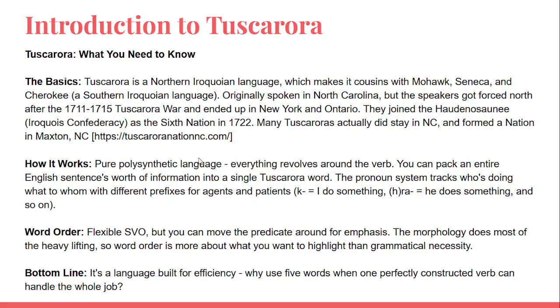And the other thing about this language is that compared to Cherokee, which is a Southern Iroquois language also native to North Carolina, it is quite different from the rest of the Iroquois languages, at least in this area. And because they joined the Haudenosaunee, which is the Iroquois Confederacy, it may have taken some borrowings from those nearby languages.